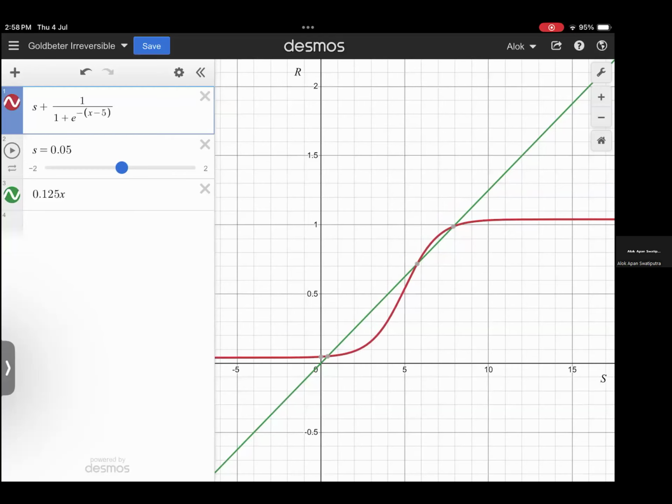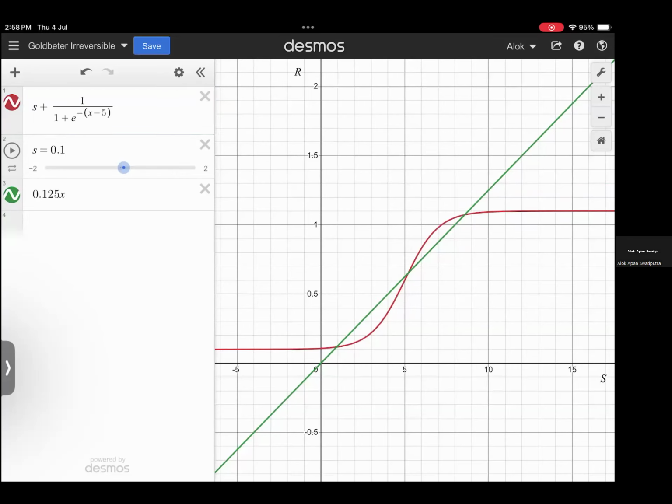So the third should always exist for all values of S, and the first and second should collapse at some value of S. Lesser than that, they will exist. More than that value of S, they won't exist. And as I increase S, the distance between those two steady states should decrease. Also, for no positive value of S am I able to get rid of the third state.